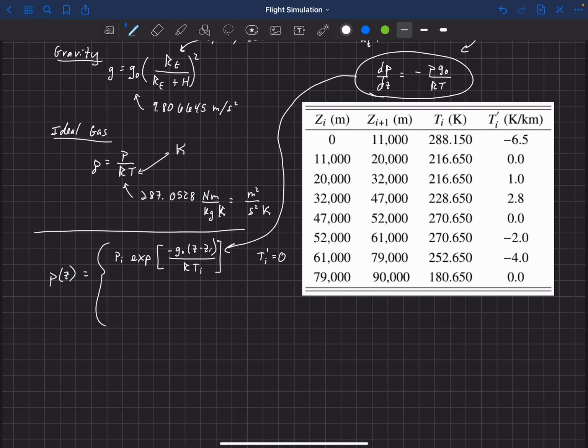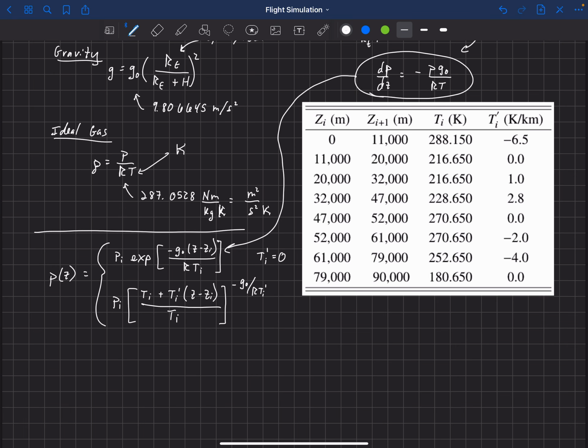And if it's not 0, then we'll get P sub i times T i plus T i prime times z minus z i divided by T i, and all of that raised to the power minus g naught over R T i prime, okay?